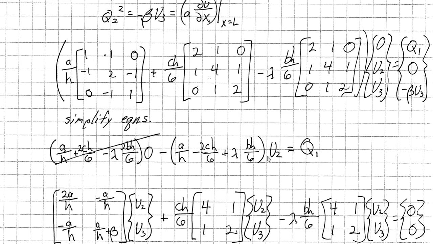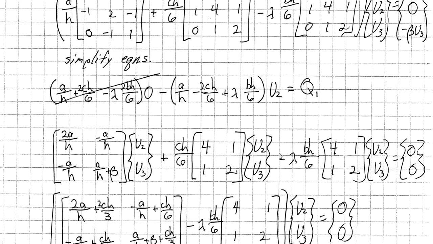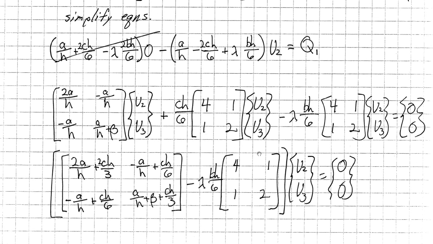So you can write u2 in terms of q1, and this is then automatically satisfied. So this will give you q1 independently of u2 and u3. So this is a trick we can do for small problems.